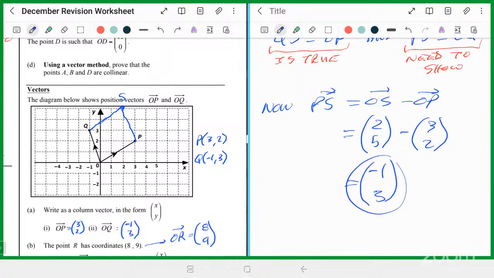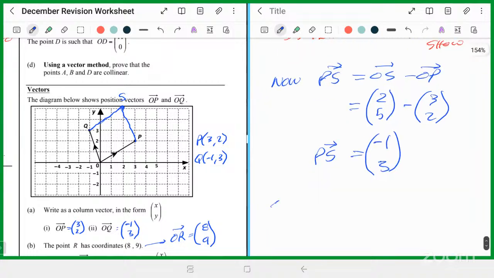And (-1, 3) is actually OQ. So PS is equal to that. So we can say PS is in fact equal to OQ, which is now true.